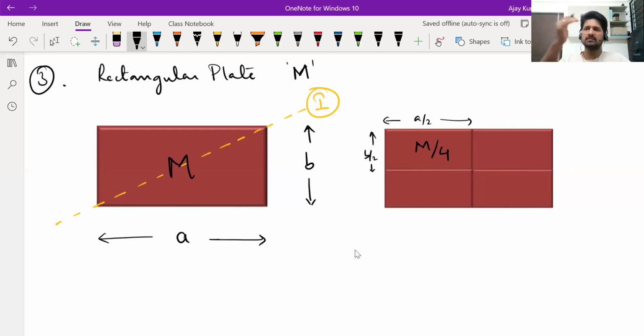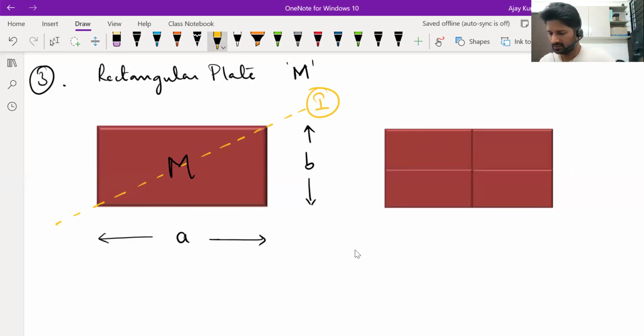So due to dimensions, it is getting divided by 2 square, that is 4. And due to mass, it is getting divided by another 4. So totally it gets divided by 16. So what we can now say is the moment of inertia of each small rectangle about its diagonal is I by 16, if the full rectangle's moment of inertia is I.